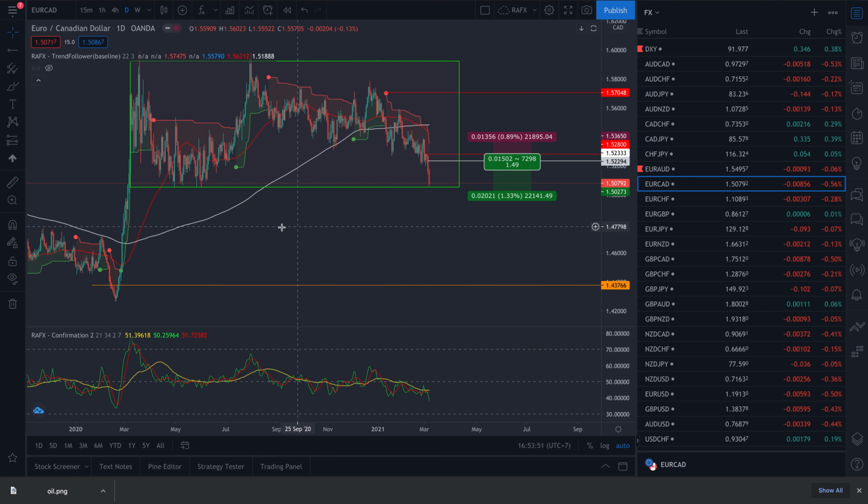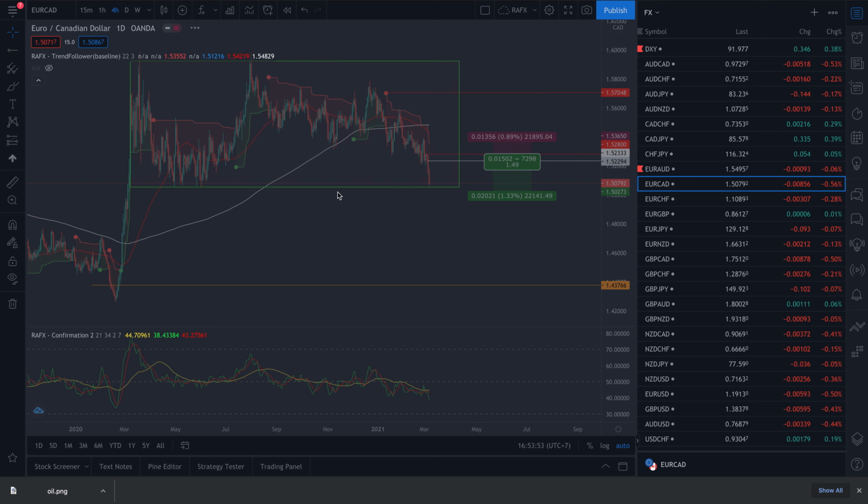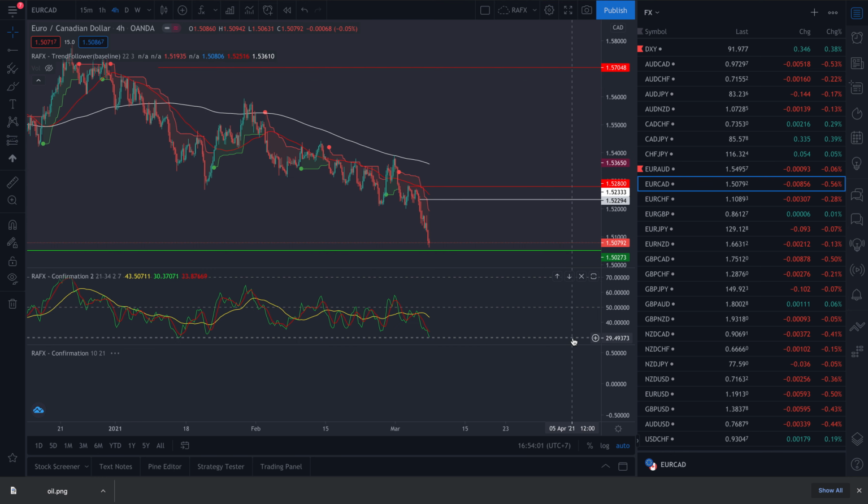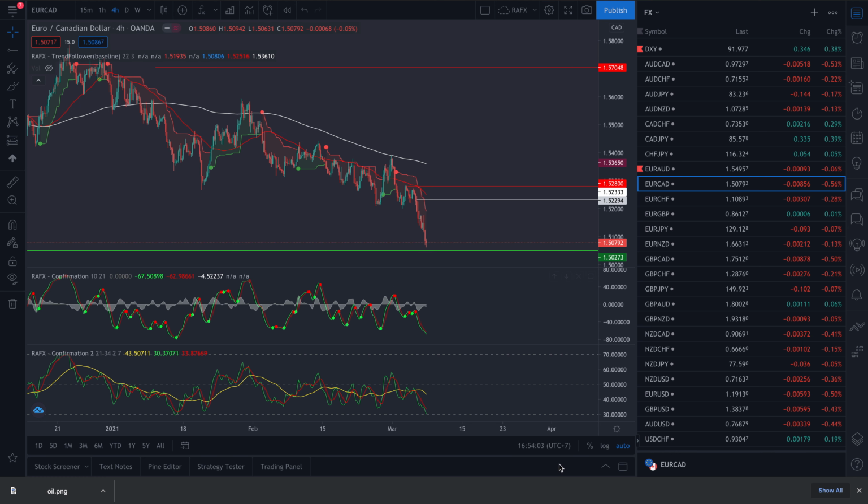until it gives me an exit signal. So let's see if in the 4-hour time frame we do have an exit signal. So where's that confirmation? Okay, so do we have an exit signal? Since we are in a short trade, we are looking for a long signal to exit our trade.